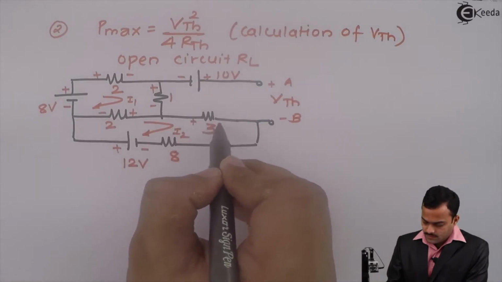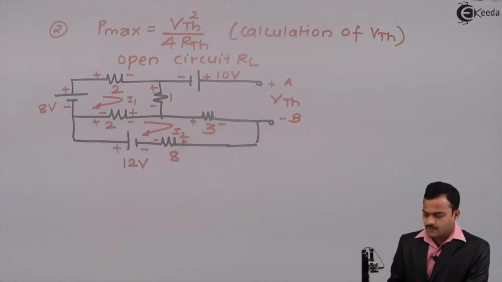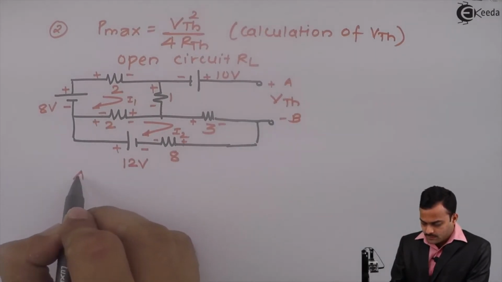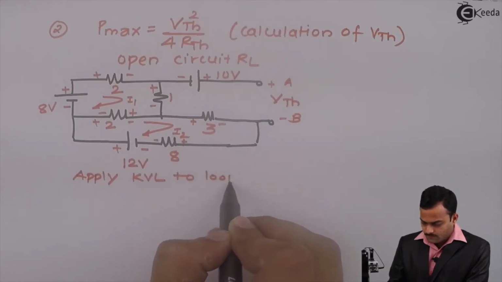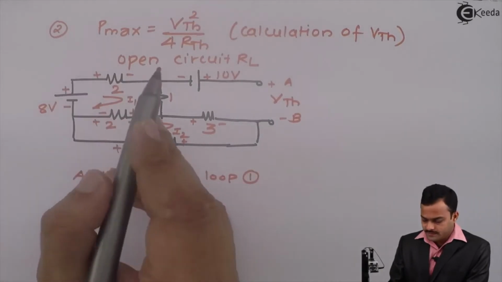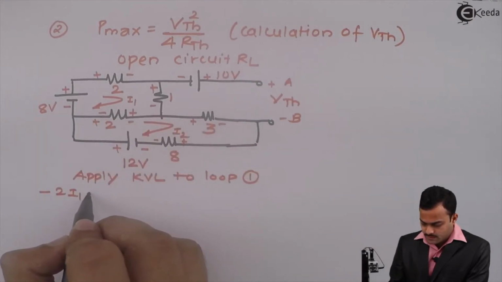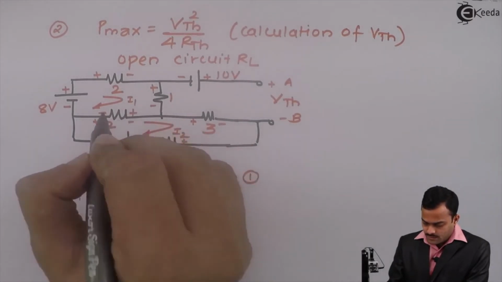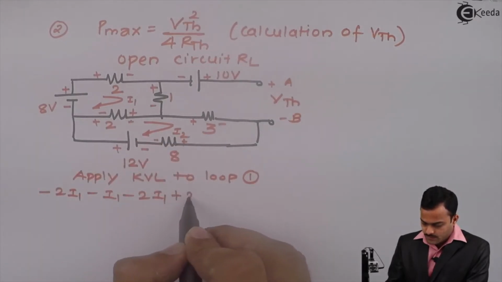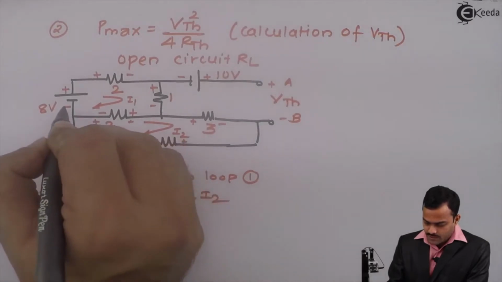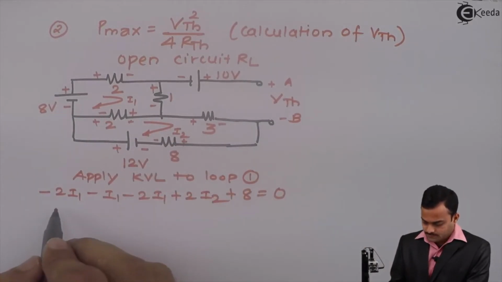Let's apply KVL to loop number 1. Let's start from this point. So I will have minus 2I1, minus I1, minus 2I1, plus 2I2, plus 8 equal to 0.